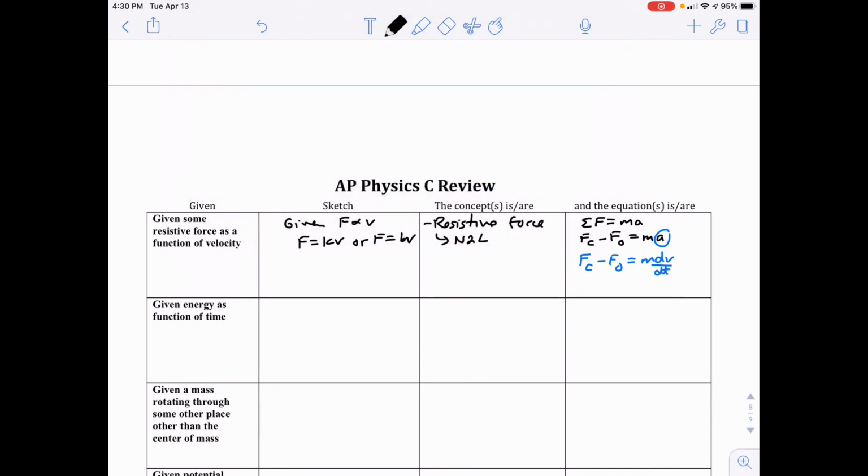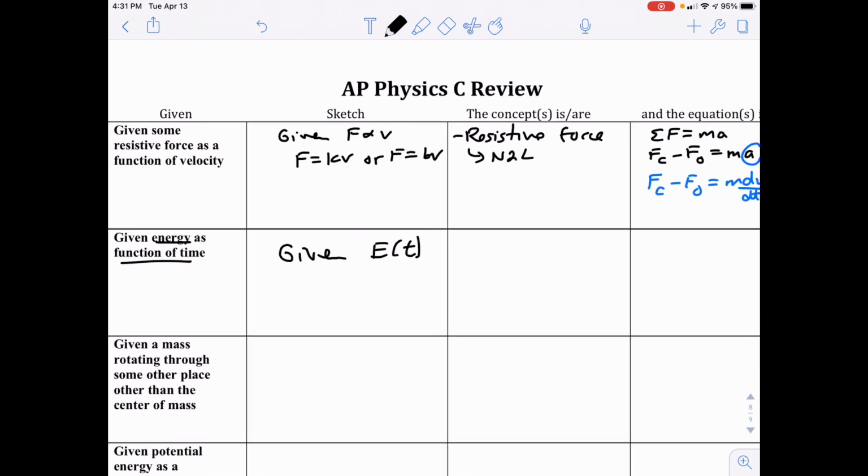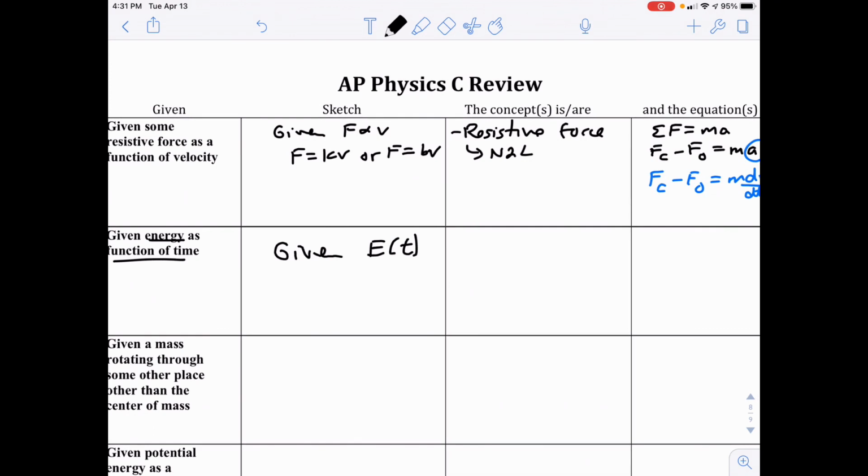In the next scenario, we're given energy as a function of time. So how does energy relate to time? Well, if I'm given some sort of energy as a function of time, then that's an instantaneous power type of concept.